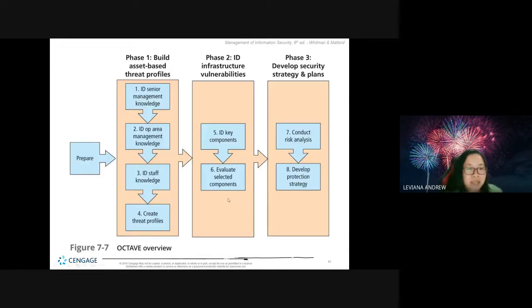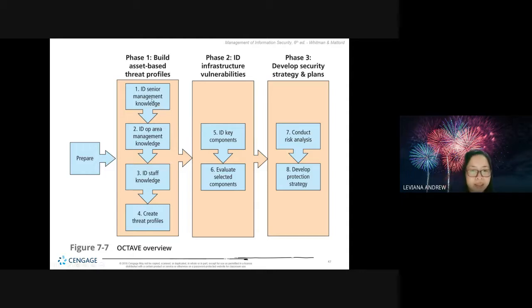So how do they do this? Number one, the ID senior management knowledge. Phase one, build asset-based threat profiles. Okay, identification, senior management knowledge, and then ID of area management knowledge, and then ID staff knowledge, and create threat profiles.